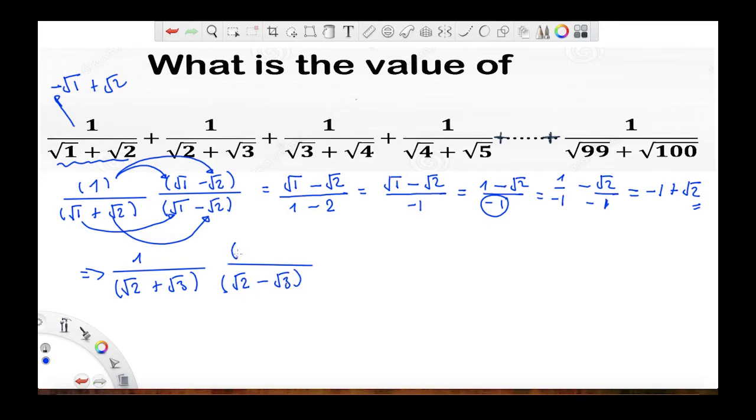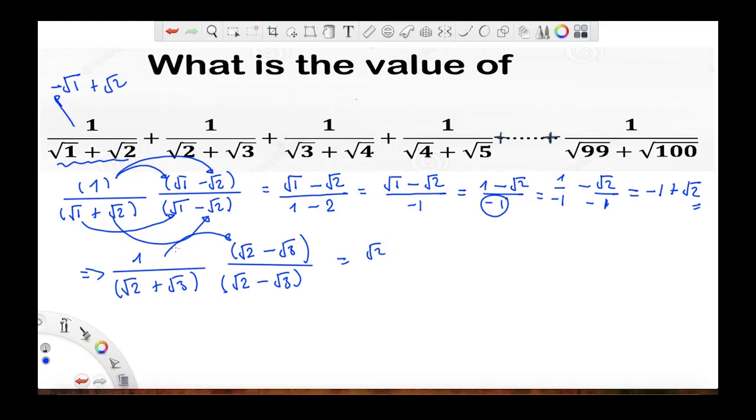So we need to multiply top and bottom. We are going to have root 2 minus root 3. When we multiply, 1 remains the same.